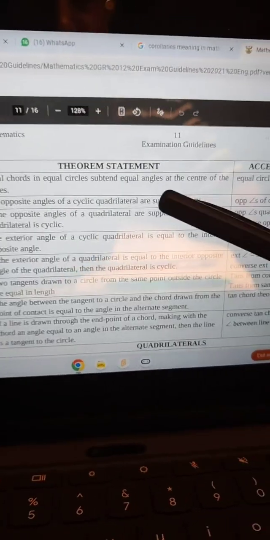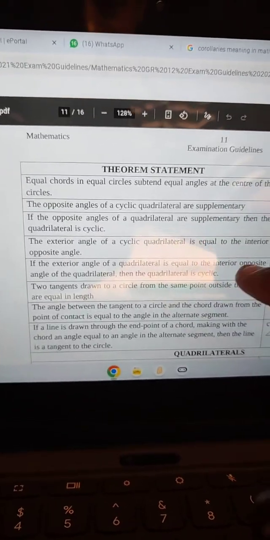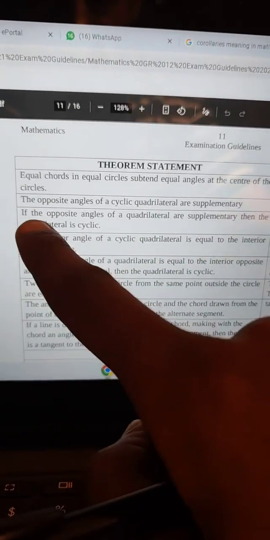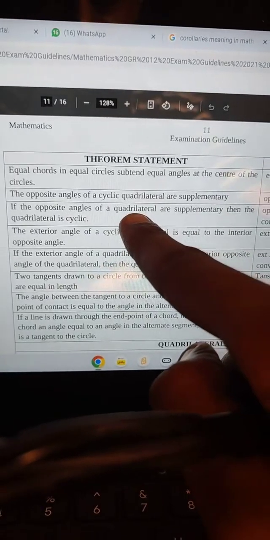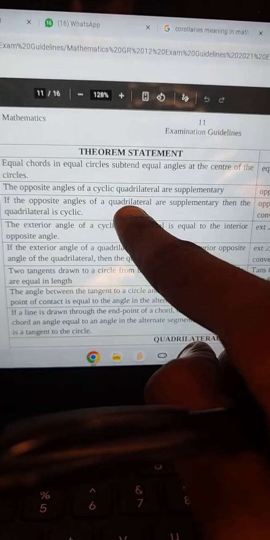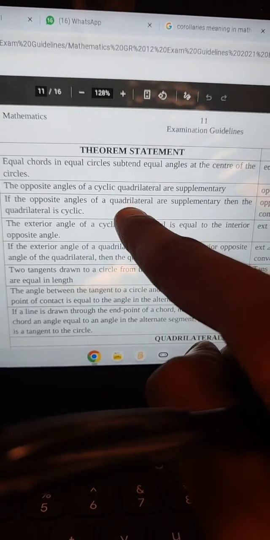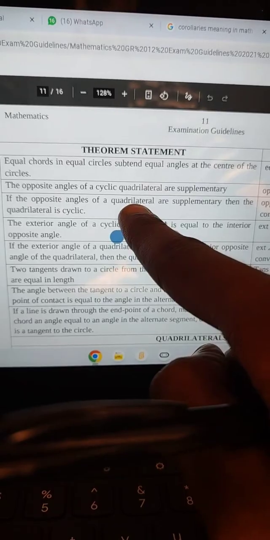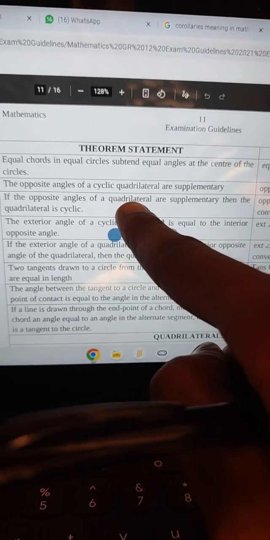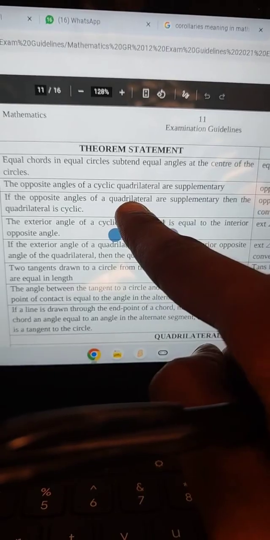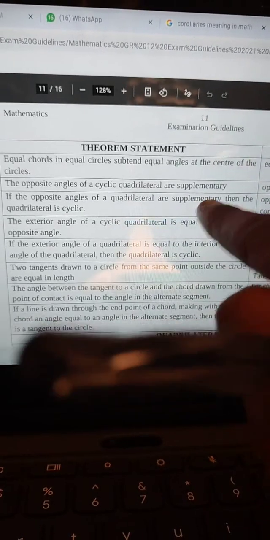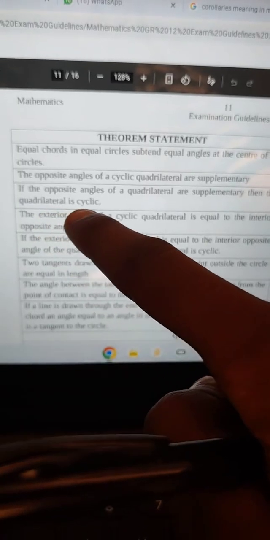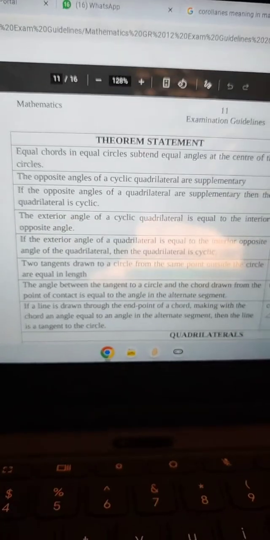Here is this document, guys. This is the exam guideline, the acceptable reason document. The statement here says, if the opposite angles of a quadrilateral are supplementary, then the quadrilateral can be said to be cyclic.